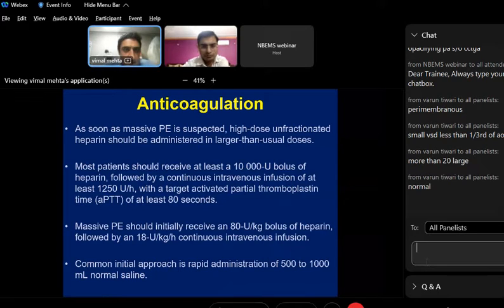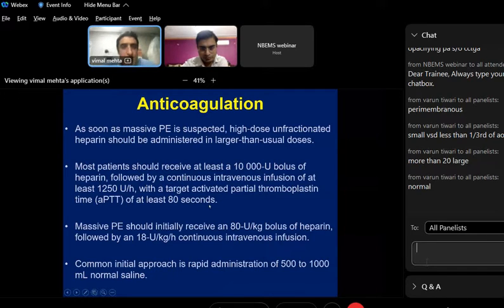So most patients should receive 10,000 units of heparin, followed by a continuous intravenous infusion of about 1200 units per hour. I mean, normally we give 800 or so, so as to target an APTT of 80 seconds. The idea is that you have to give heparin in cases where there is significant pulmonary embolism.